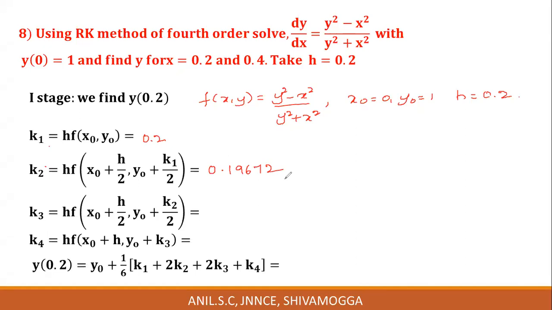Now we find K3. K3 is h into f of x naught plus h by 2, comma y naught plus k2 by 2. 0.19671. That's right.